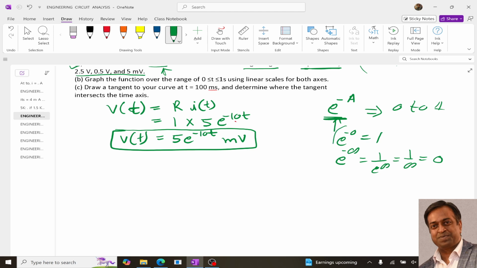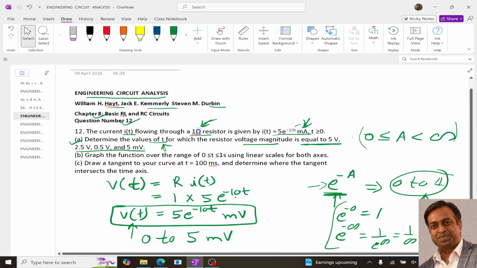So the possible values of e to the power minus a are 0 to 1, which means the possible range of v(t) is 0 to 5 millivolts. So it is not possible to have volts.